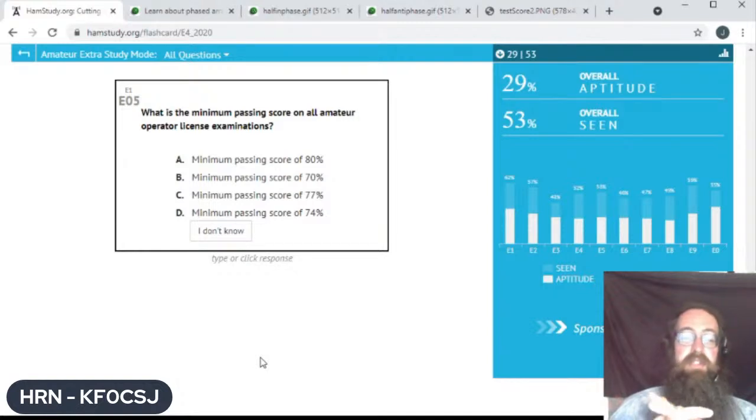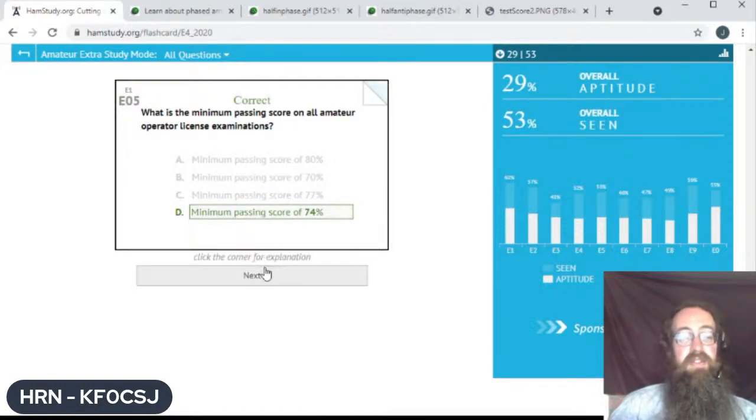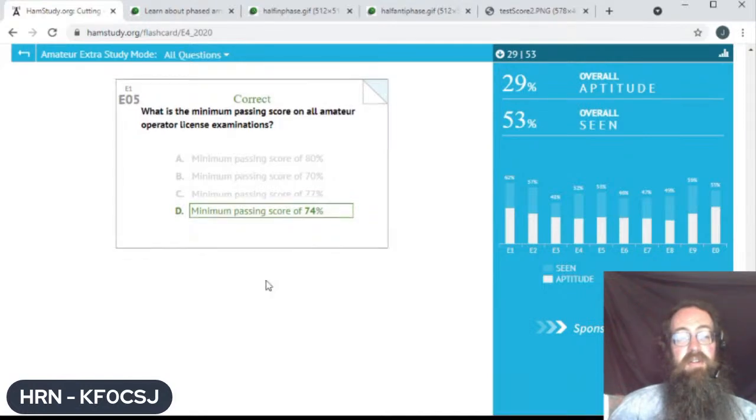Unfortunately, I thought passing was 70%, and I would have chosen B. But thanks to the Discord, we had this discussion, and the actual minimum passing score is 74%. Another reason why I'm taking tests is because I was even worse than I thought. So D, 74% is the minimum passing score.